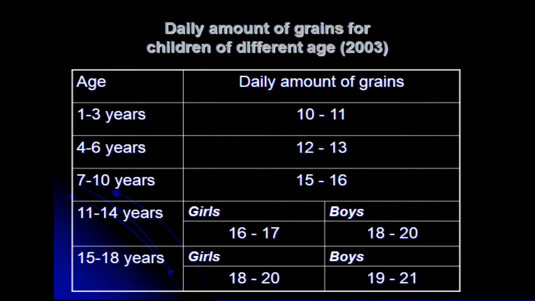If age 1 to 3 years, daily amount of grains 10 to 11. 4 to 6 years, 12 to 13. 7 to 10 years, 15 to 16 grains. 11 to 14 years, for girls, 60 to 70 grains, boys, 18 to 20 grains. 15 to 18 years, for girls, 18 to 20 grains, but boys, 19 to 21 grains per day.